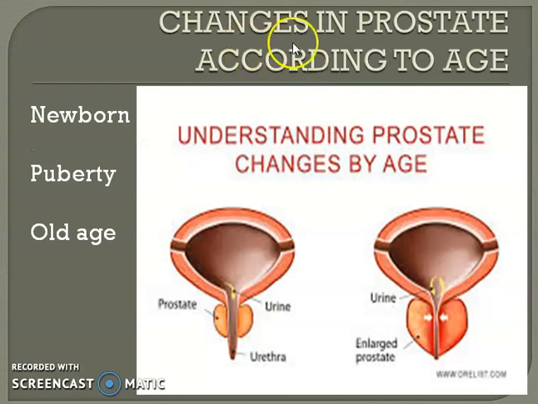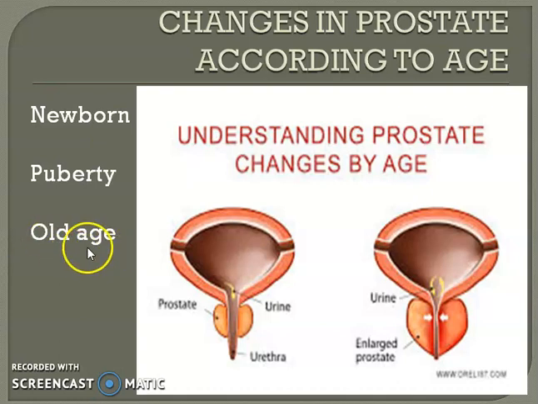So, there are various changes which occur in the prostate according to age. Let's see what happens in the newborn. In the newborn, there is hyperplasia of the mucous membrane due to the effect of circulating maternal estrogens. And at puberty, it exhibits a sudden and extravagant growth and assumes double the neonatal size.